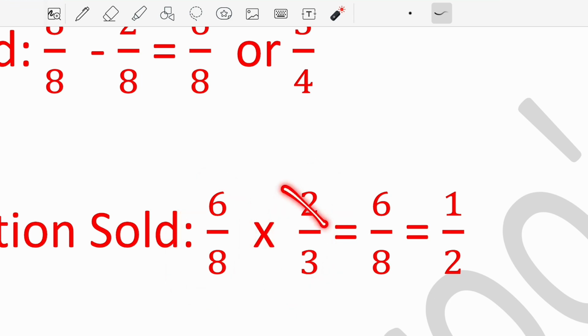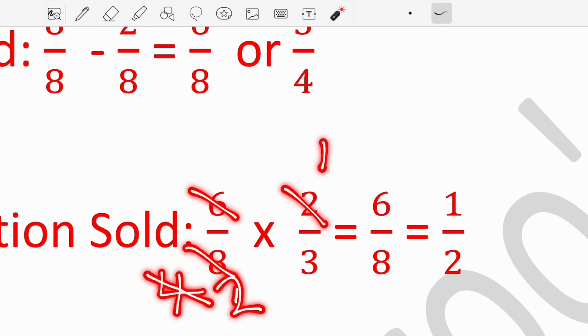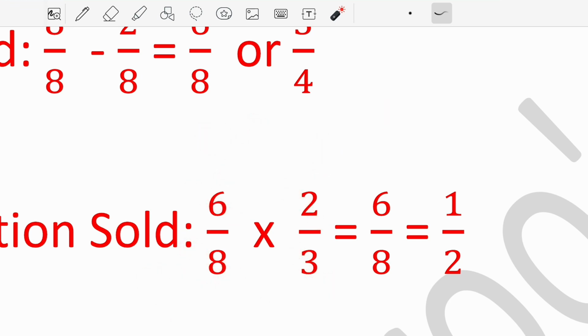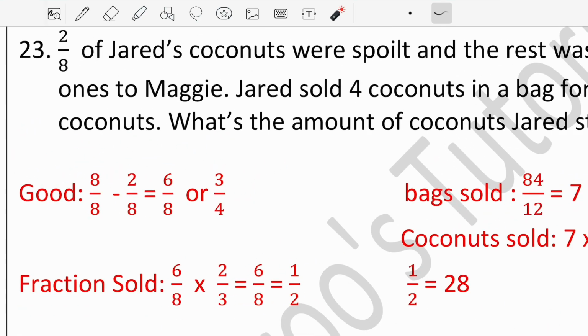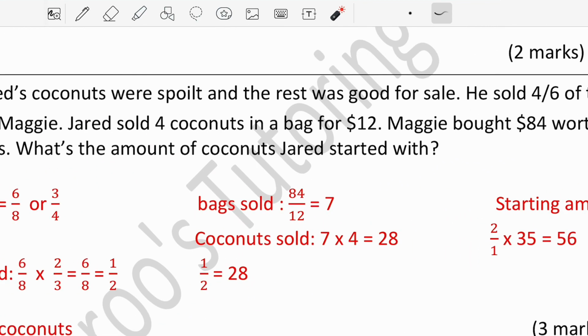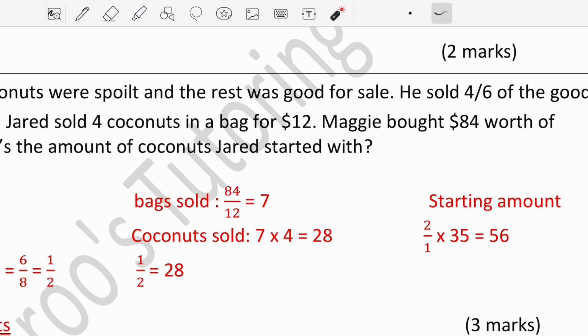Right? 2 into 2 is 1, 2 into 8 is 4, 4 into 4, sorry, 2 into 4, 2 into 4 is 2, and 2 into 6 is 3, 3 into 3 is 1, 3 into 3 is 1. So if we multiply on top, we'll get 1 times 1 is 1, and below we'll get 2 times 1 is 2. So we'll get a half. Next, they told us that Maggie bought $84 worth of coconuts.